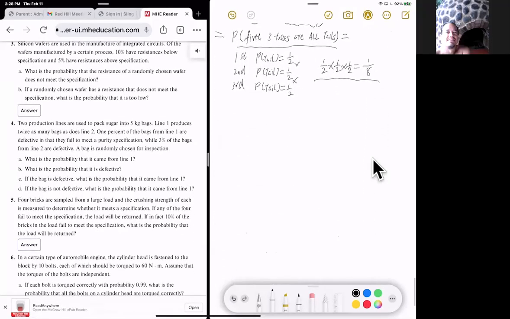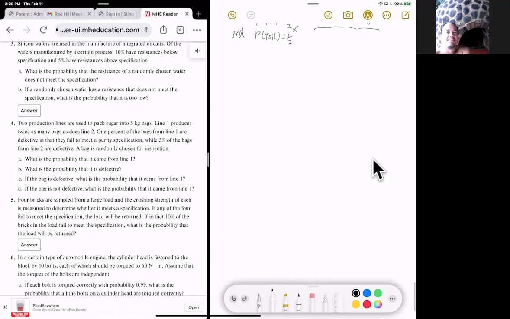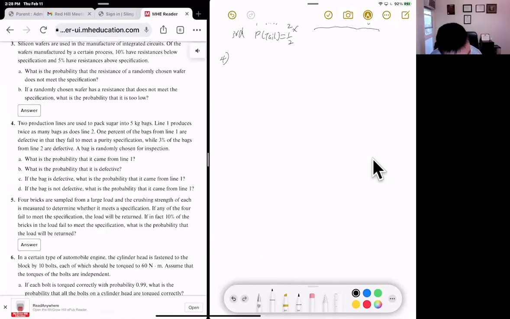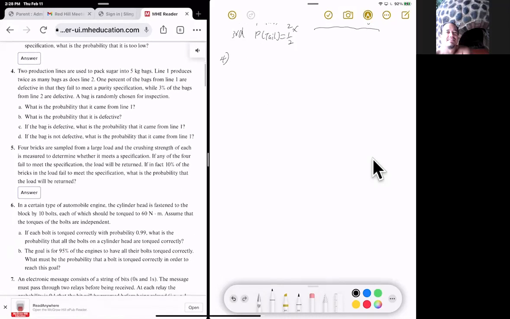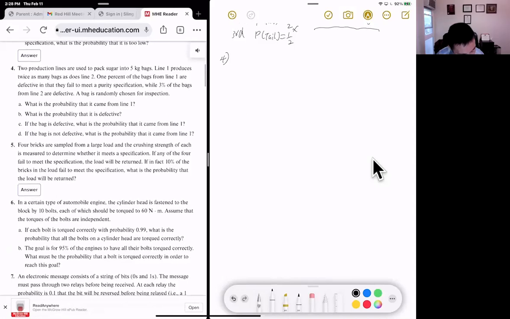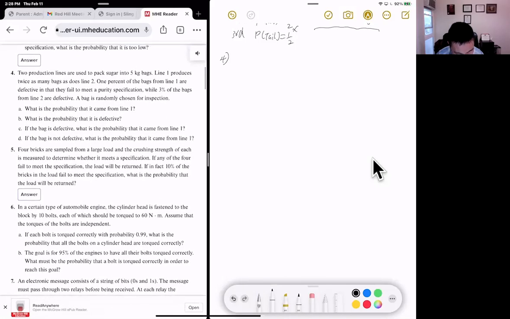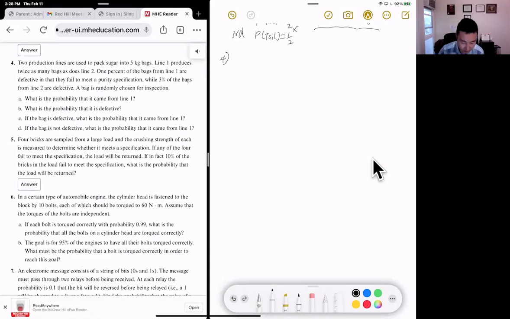This is a conditional probability problem, using a Venn diagram. The Venn diagram will be helpful. Some of you may not think that's necessary; what I mean is that there are different ways to figure out a certain question.